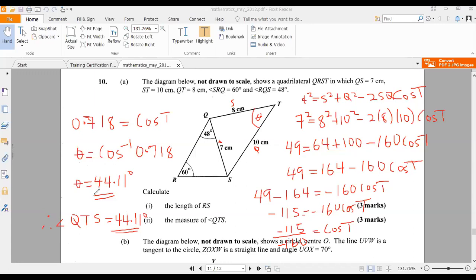Then you see the cos negative 1 come up. Then press the 0.718. So shift first, then the cos.